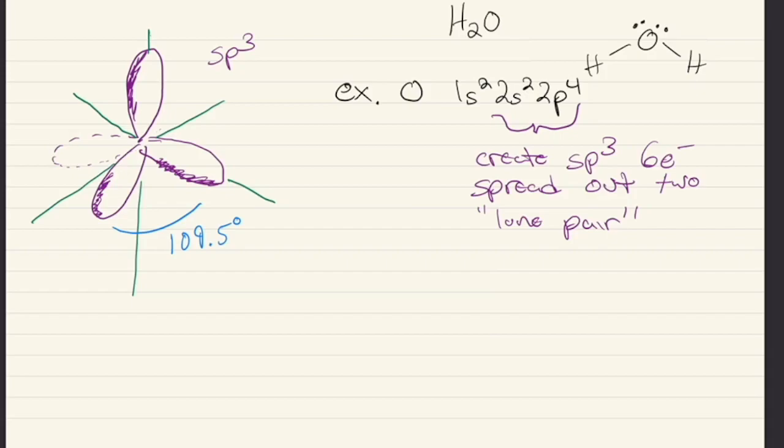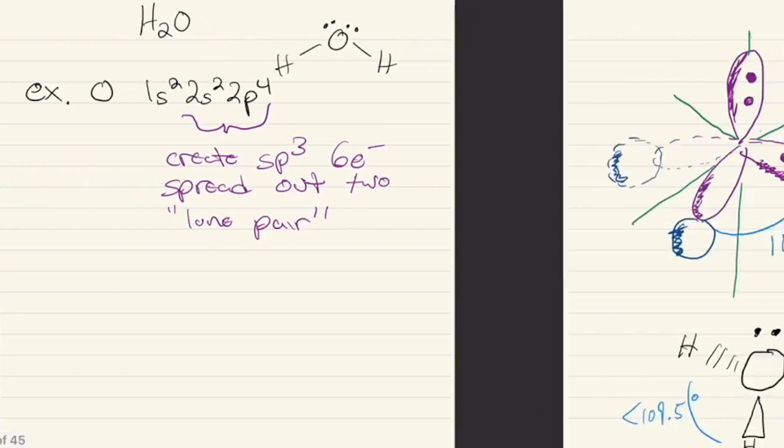Okay, that's the key. Can your hybridization accommodate all of the electron domains? But in this case, we should be able to see that some of these domains are going to be involving a single electron that is utilized for bonding to the hydrogen, and some of these domains are going to be utilizing these pairs of electrons that we already know exist on oxygen as a central atom.